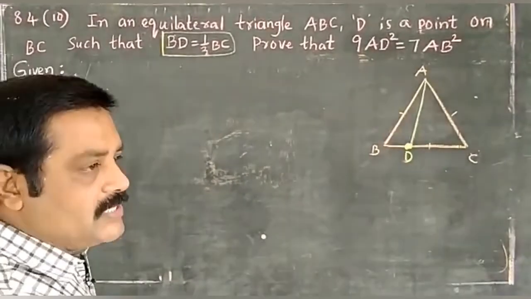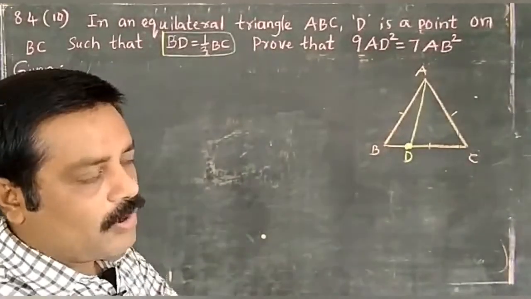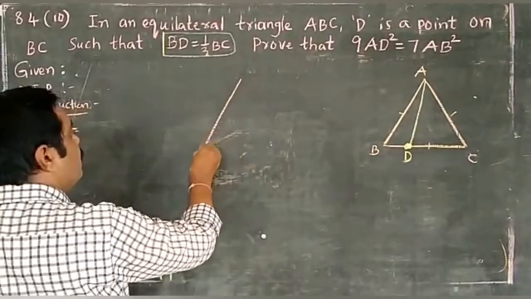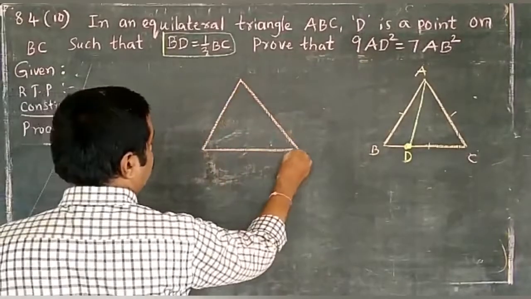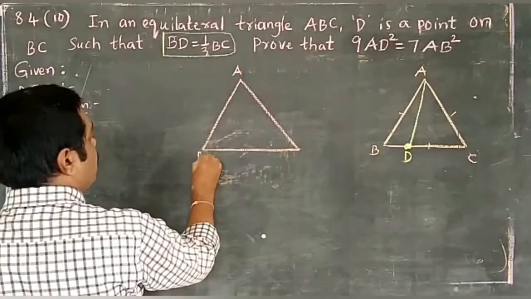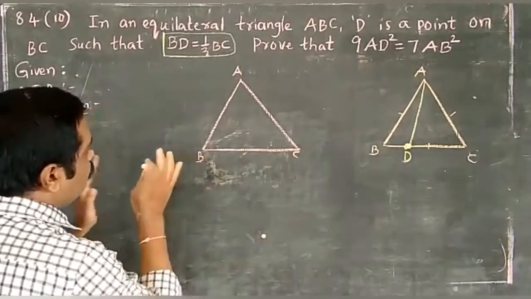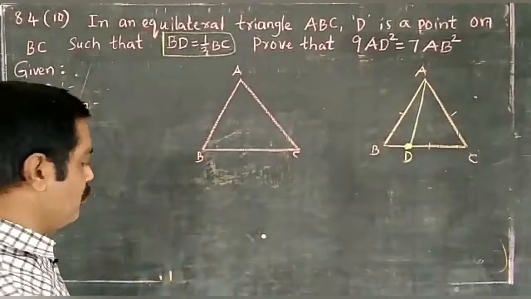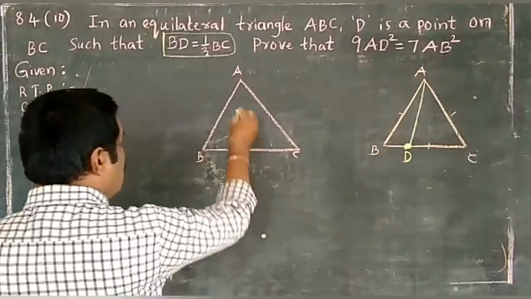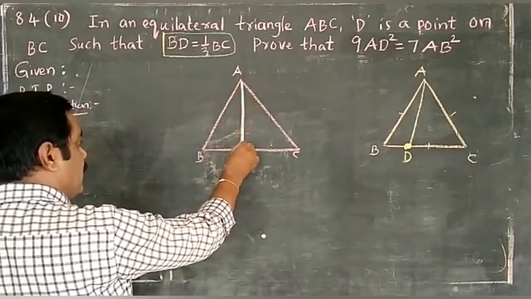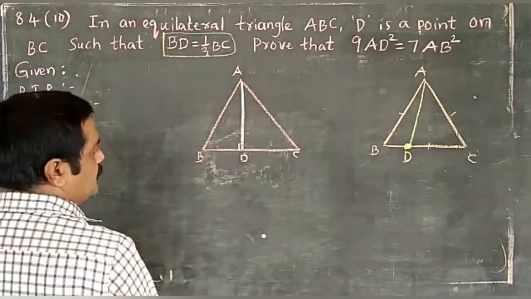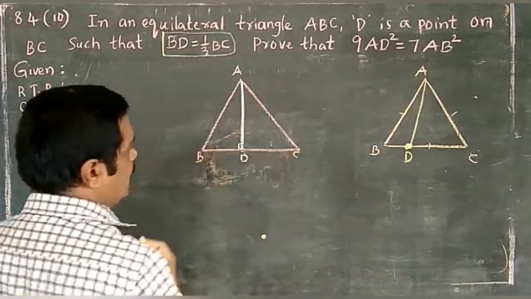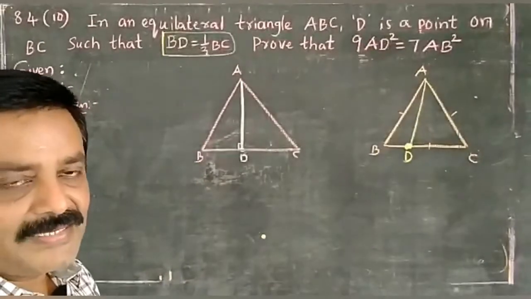Let's recall a small piece of basic information for every equilateral triangle. If we construct an altitude, meaning a perpendicular, that altitude compulsorily meets at the midpoint of the base.